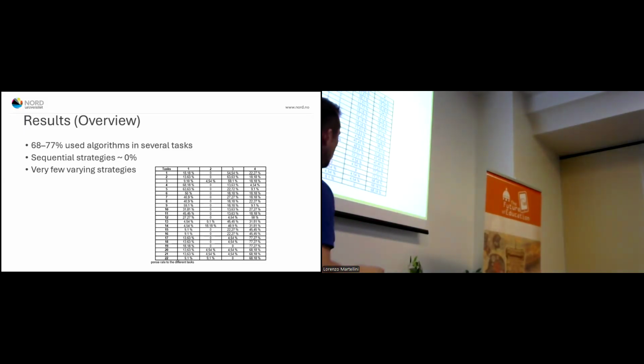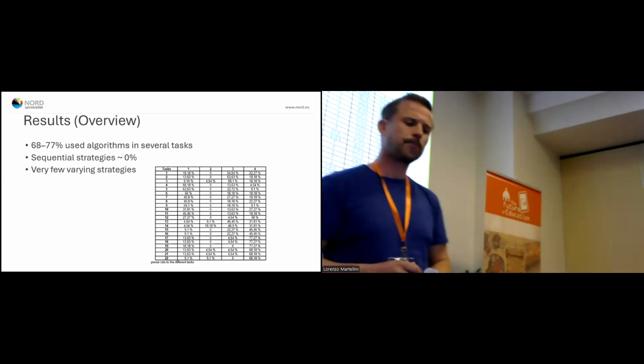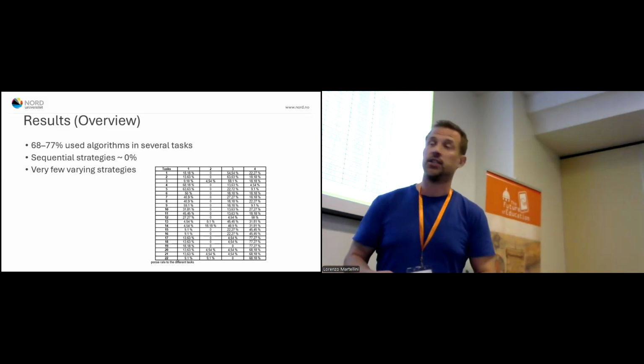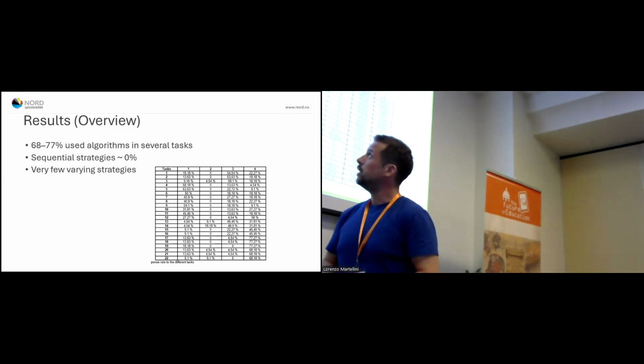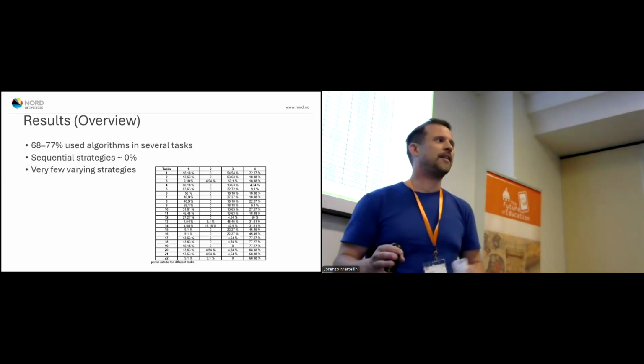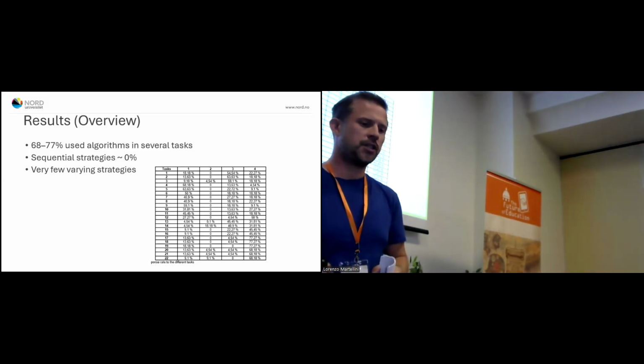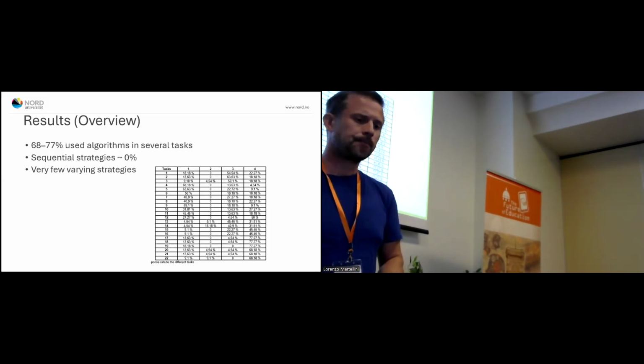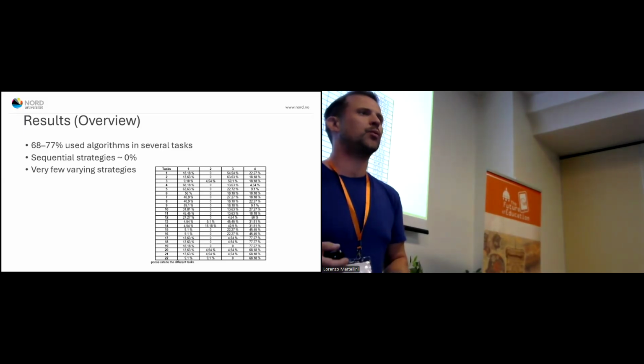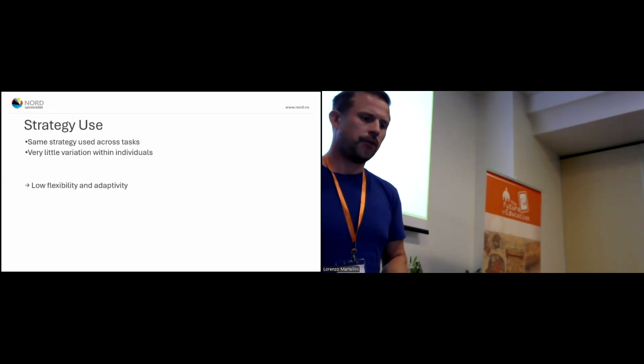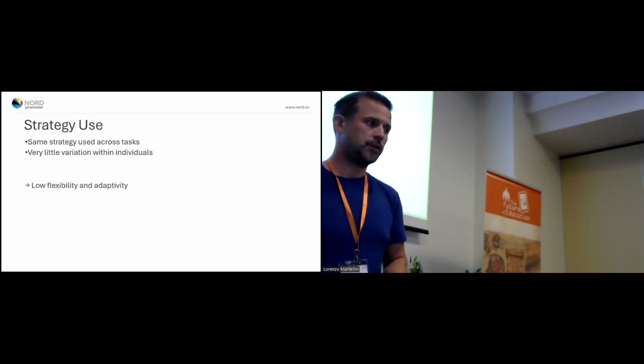We have these different types of how to solve the tasks. The sequential strategies were almost none, and we can also see that the variation of strategies was also absent. If they used one strategy, they followed through with the same strategy.